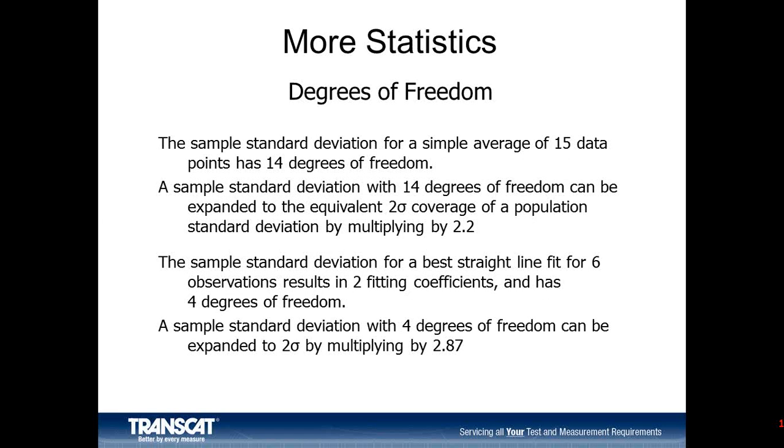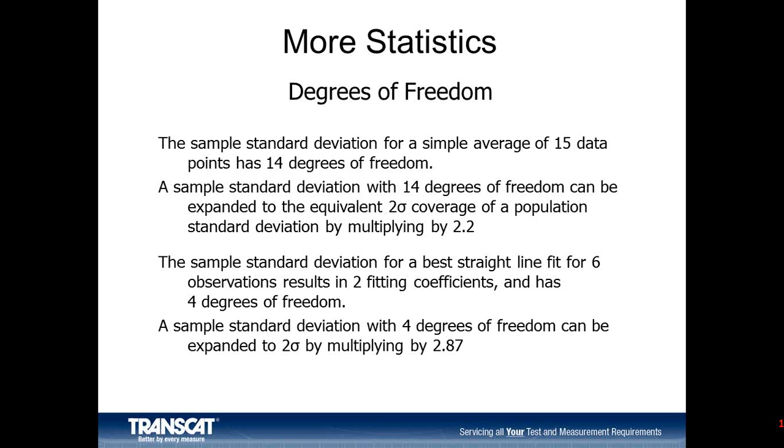For example, if we measure some parameter, we have 15 measurements and we use a simple average, that simple average is one coefficient that we're taking from that data, one coefficient to represent kind of the average of the group. So then 15 readings minus one coefficient that we're taking from that data leaves 14 degrees of freedom.